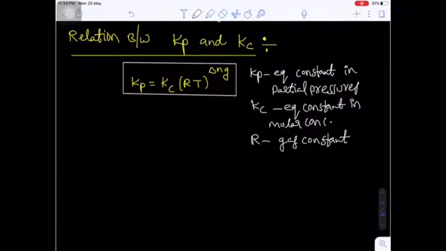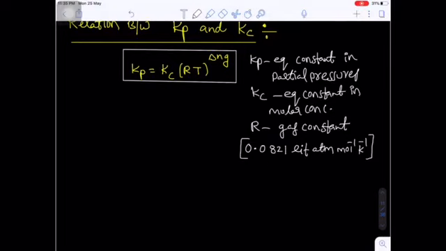What is the capital R value? 0.0821 liter atmosphere mole inverse Kelvin inverse. This is a very important value. Sometimes we can roughly assume R as 1 by 12, that is 0.08, for calculation purposes.